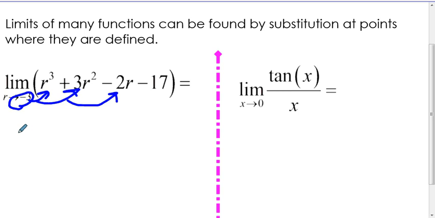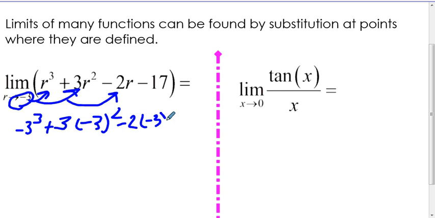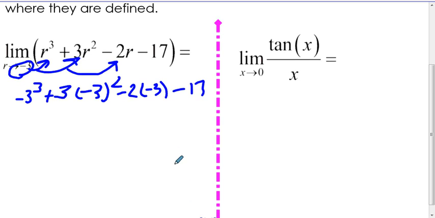So we're going to have -3 cubed plus 3 times -3 squared minus 2r, so 2 times -3, minus 17. Please try to do this without a calculator. There is a calculator and a non-calculator section on the test.